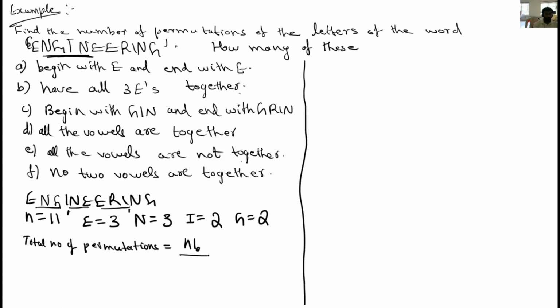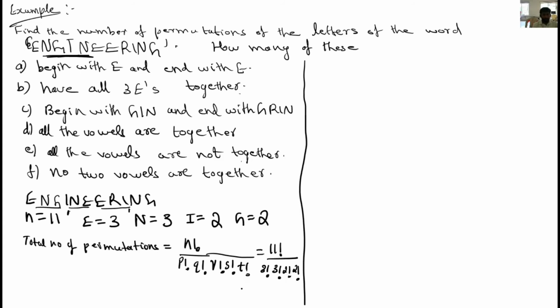N factorial divided by P factorial into Q factorial into R factorial into S factorial into T factorial. That is equal to 11 factorial divided by 3 factorial, again 3 factorial, into 2 factorial, into 2 factorial. Clear? You need to divide by the repetitions.